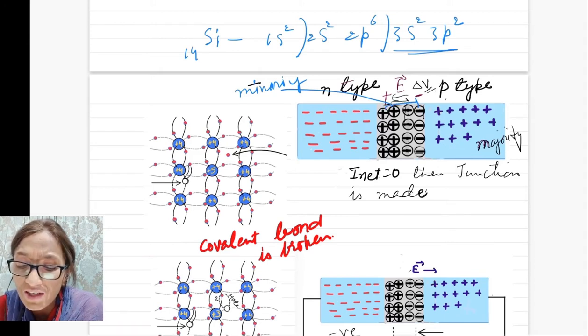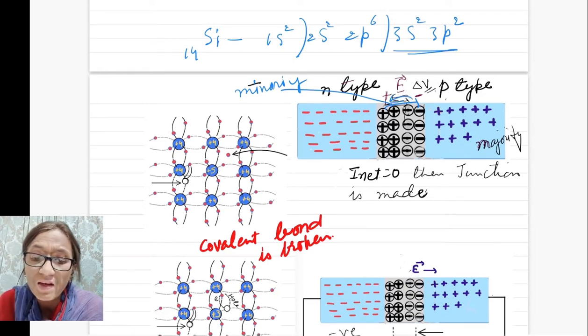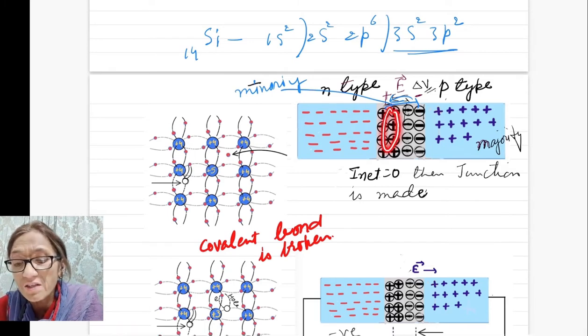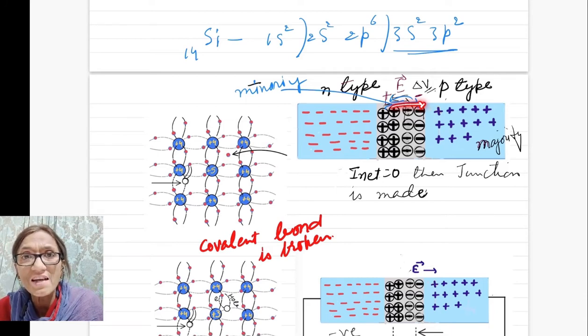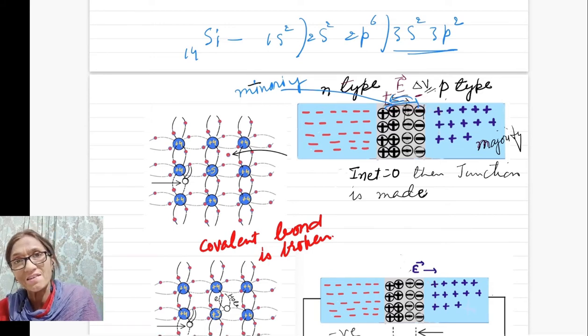Holes go along this side and electrons try to come along this side. And you can see that these holes are less in number. So when fewer holes are going there, any movement of charge obviously constitutes some current, and that current is called drift current.